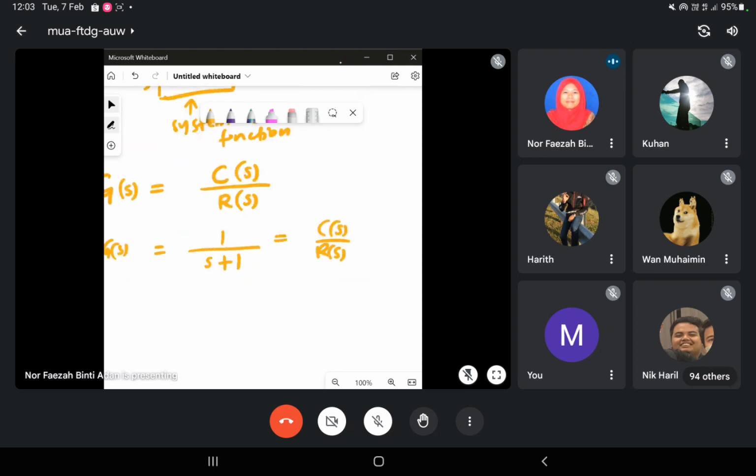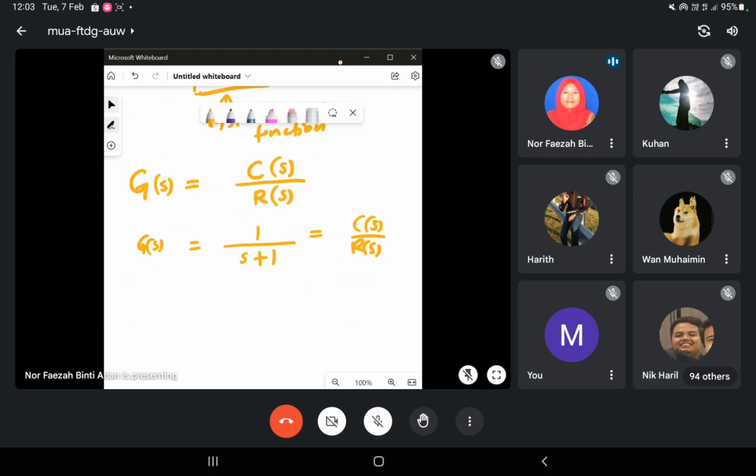Since we want to find the differential equation, you have to cross multiply. C(S) will be multiplied by S plus 1 and R(S) multiplied by 1. So we expand it: S times C(S).